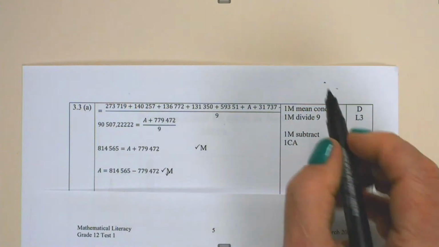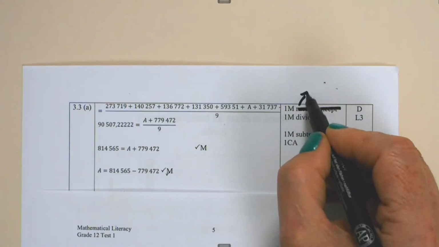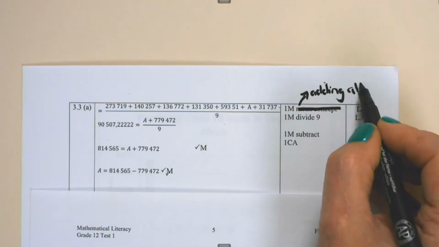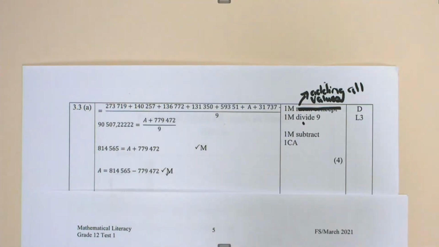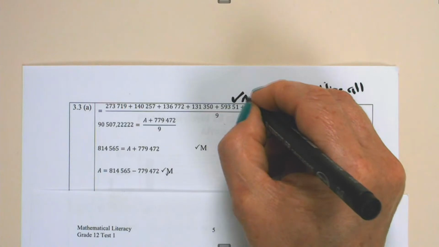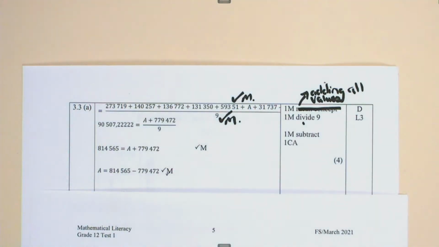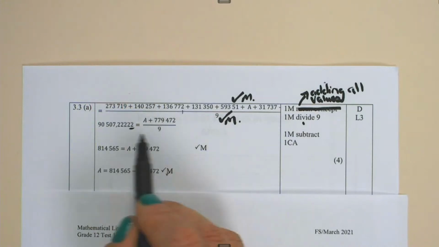So I will say, let us give this first mark for adding all the values and A. Then, if we divide by 9, another mark can be there. So there is a method mark, there is a method mark. Then, we end up having this format here.